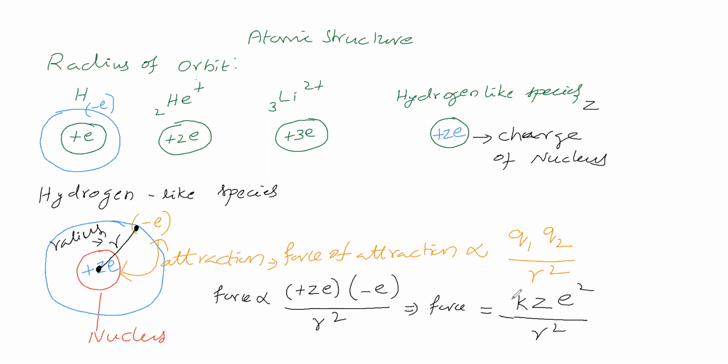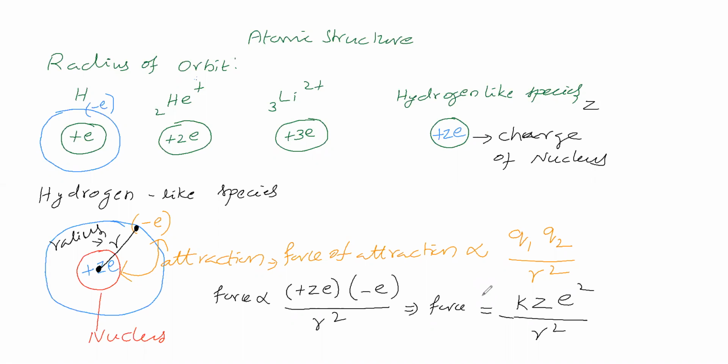This is called the force of attraction between nucleus and electron. Now we are saying it is experiencing two forces, one is centripetal force, another one is centrifugal force. Is there any relation between this force of attraction and the centripetal or centrifugal force, whichever you want to relate?